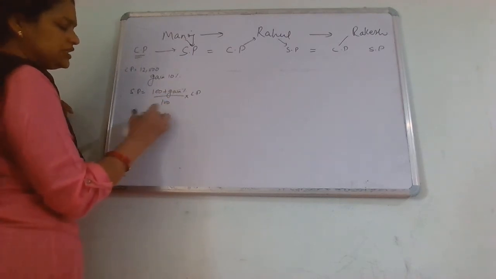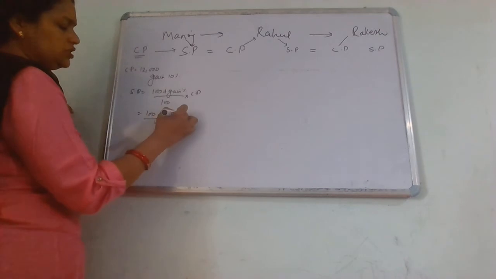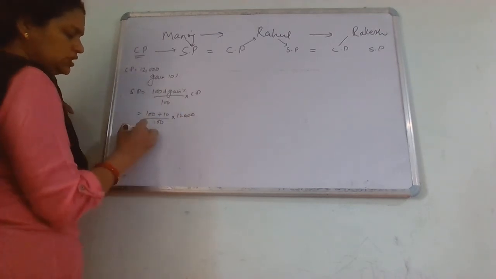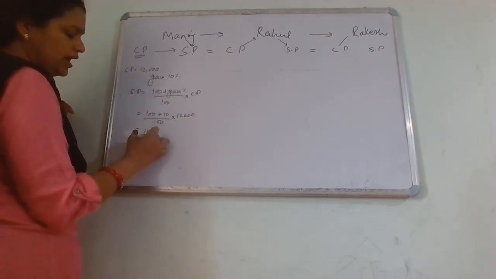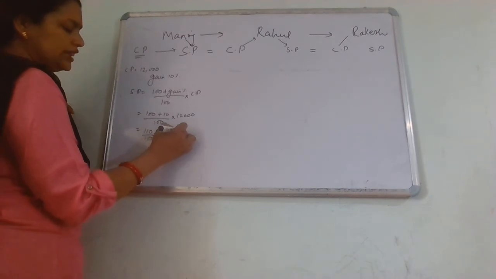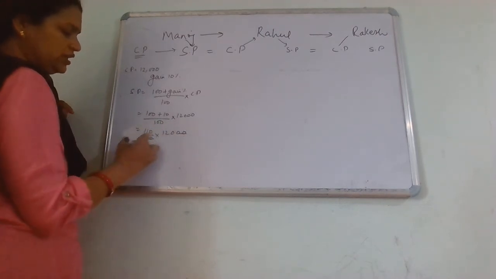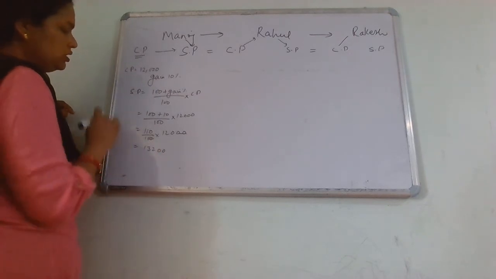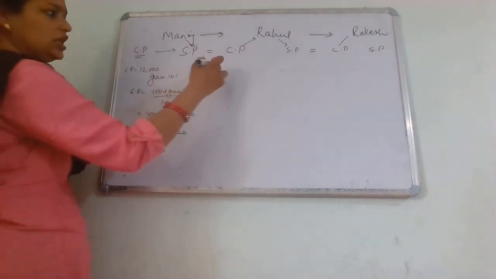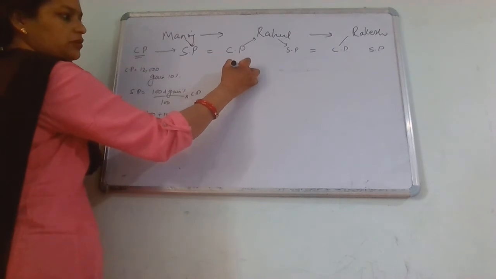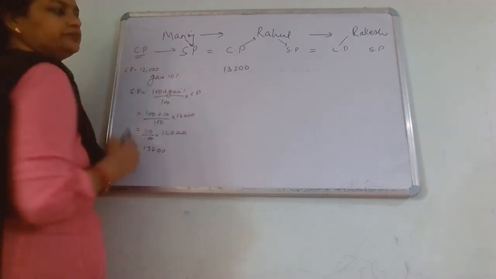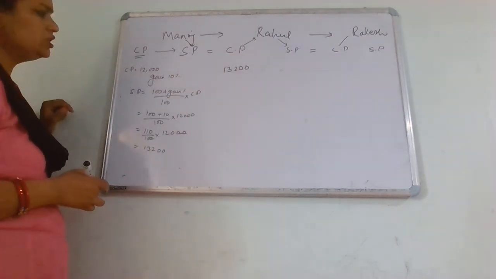So 100 plus 10 by 100 into 12,000. So this is equal to 110 by 100 into 12,000. And we get here 13,200. So the selling price is this. This is equal to cost price of Rahul, 13,200.